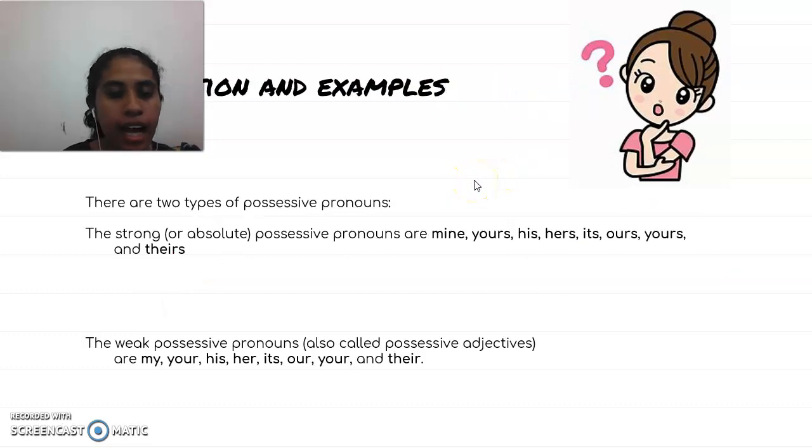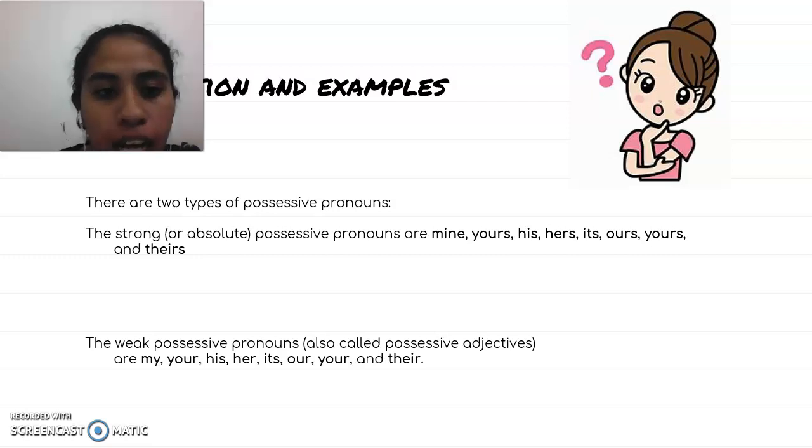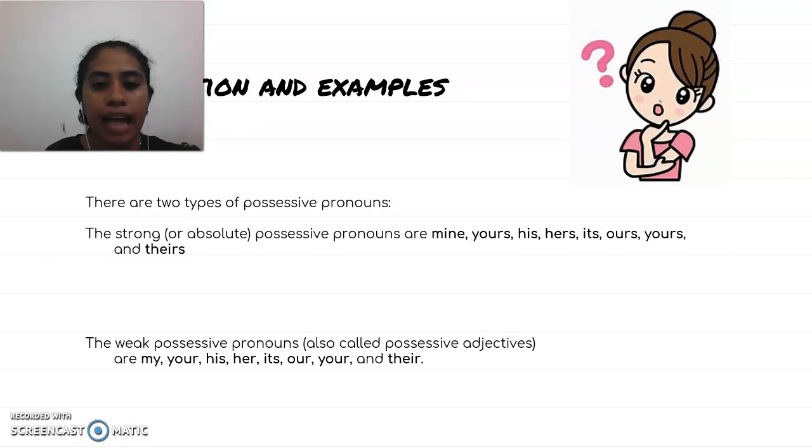Next, there are two types of possessive pronouns. First is the strong or absolute possessive pronoun. In the strong or absolute possessive pronouns, we can find mine, yours, his, hers, its, ours, yours, and theirs.